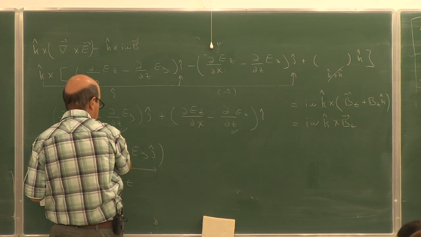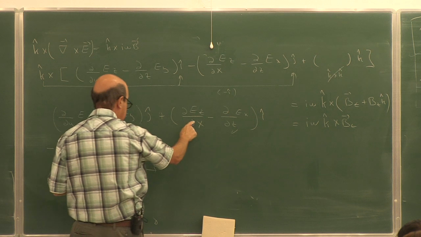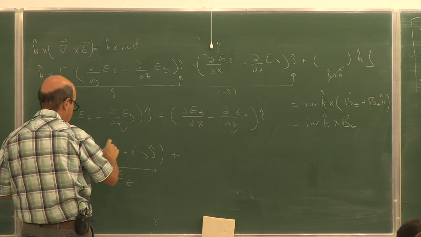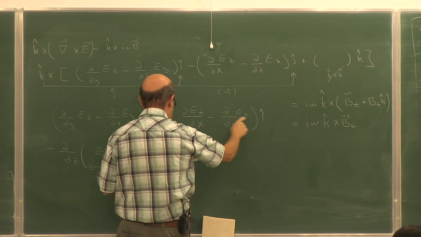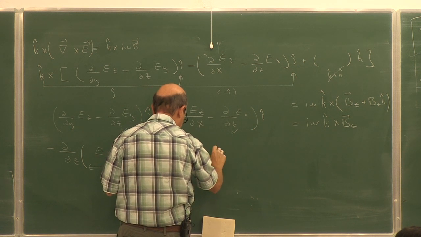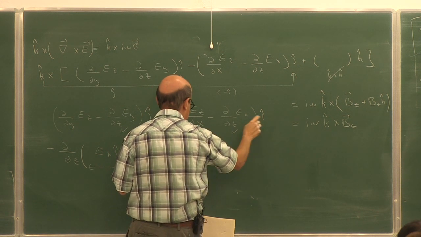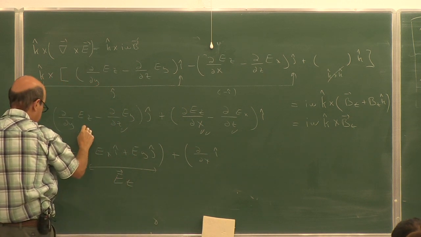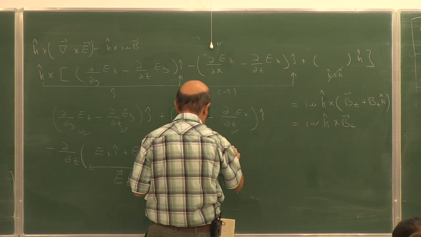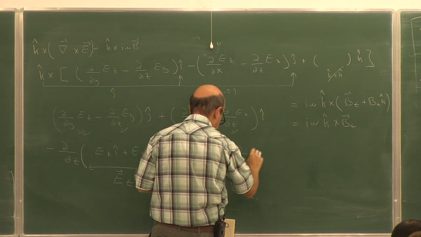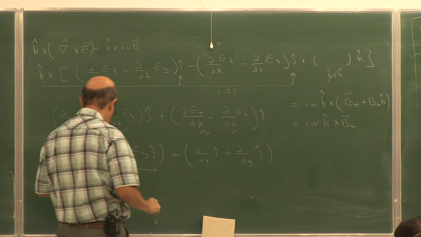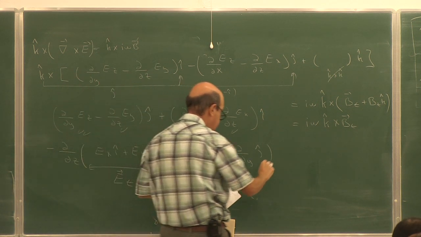And what are the other terms? Look at here, what is left over? You have del over del x i for this term, and plus del over del y j acting on Ez.